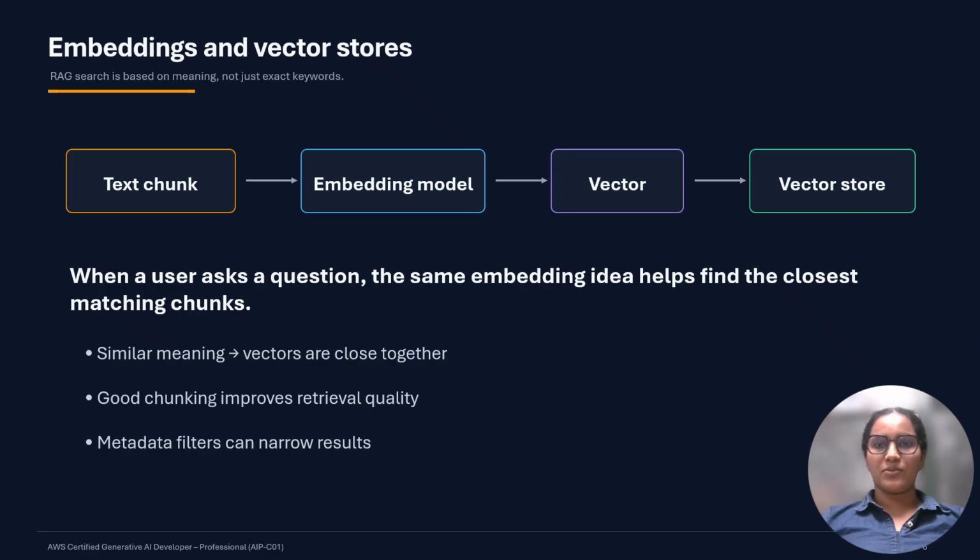During a user query, the question is also converted into an embedding. The vector store searches for chunks that are closest to the query. This is why RAG can find relevant information even when the user does not use the exact same words as the document. For an exam question, watch for words like embedding, vector database, similarity search, chunks, and metadata filters.